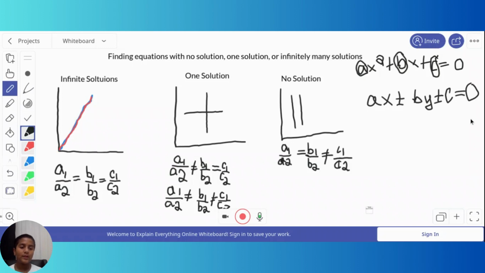Now suppose there is no c, but there is an 8 over here. Suppose there's no 0 and there's an 8, but there's no c.